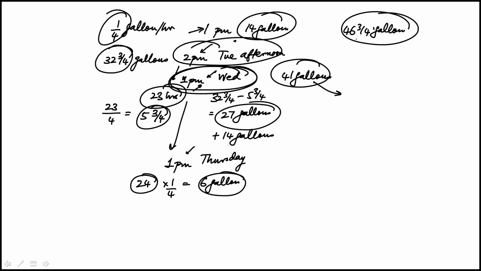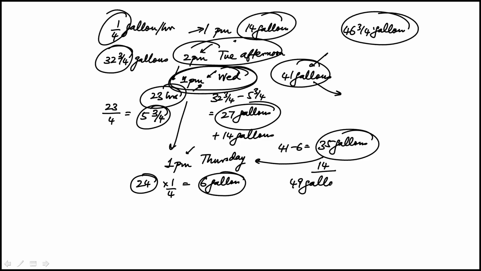So this was 41, so 41 minus 6. So we'll have 35 gallons at 1 p.m. Thursday. But then we also add the 14 gallons that are being dumped at 1 p.m. So there will be 49 gallons at 1 p.m. Thursday.